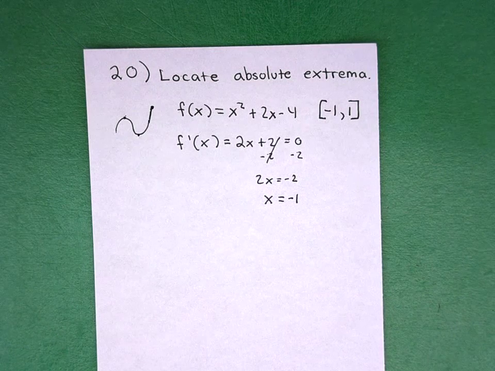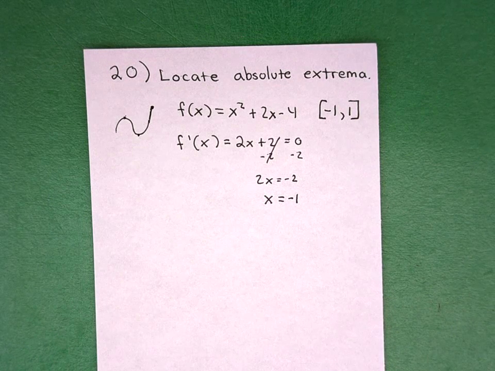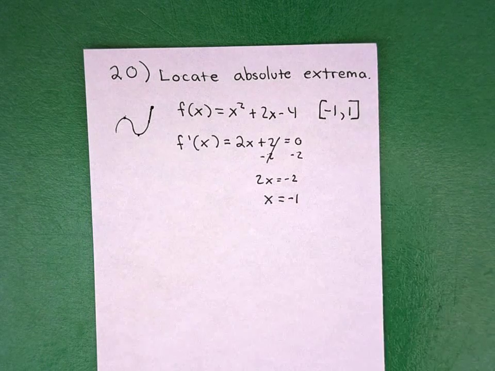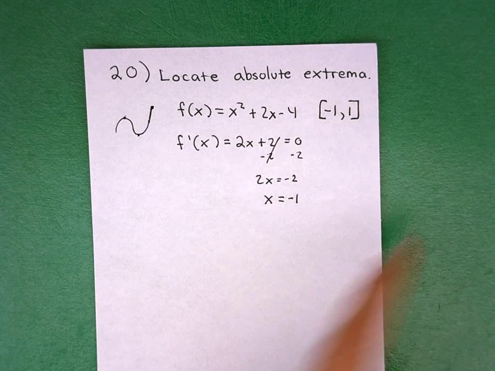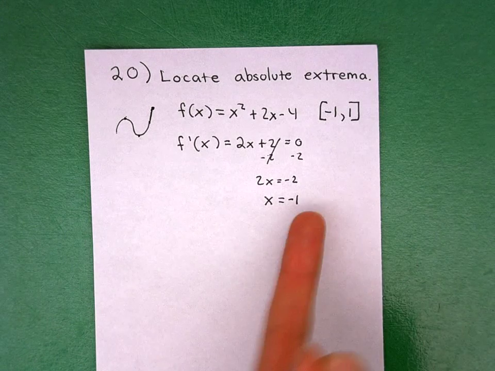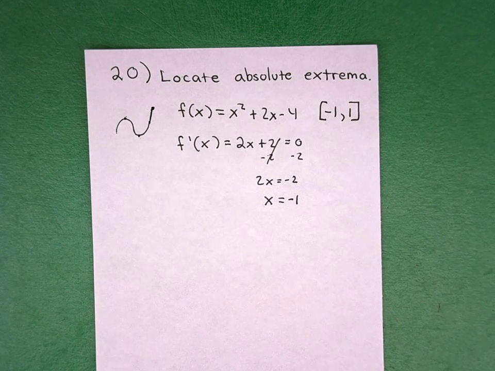It's the highest point on that interval. And so when I'm considering my absolute extrema, I think about my critical numbers and my endpoints. And so in this case, the numbers I'll be looking at are 1 and negative 1, and technically negative 1, but we're already considering it.